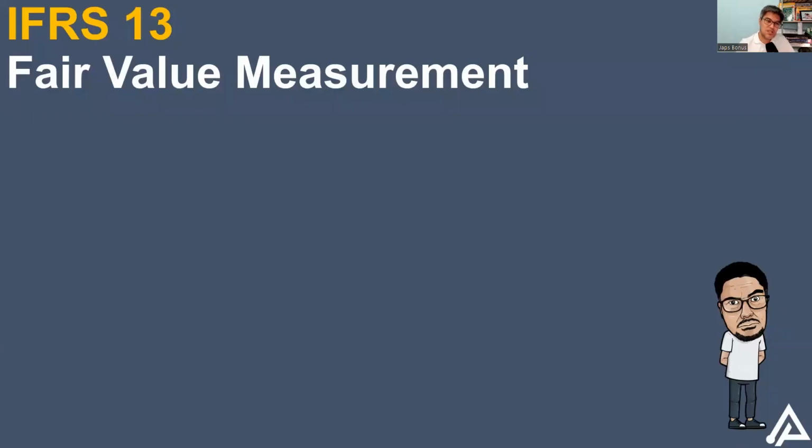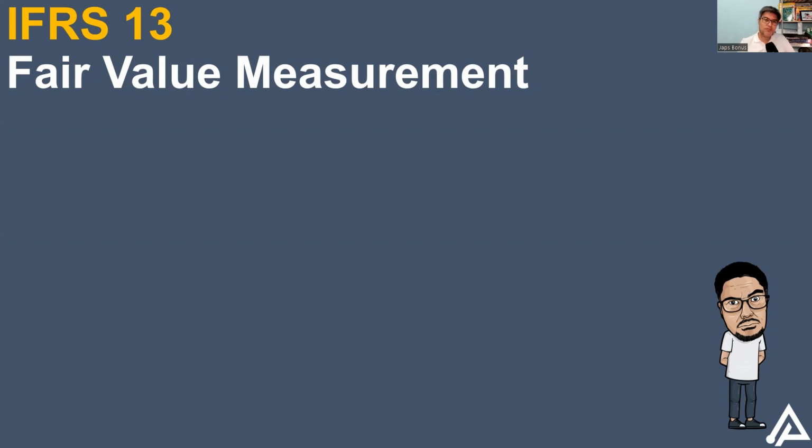IFRS 13, fair value measurement. We've talked about financial instruments classification and measurement, expected credit loss, and just recently, hedge accounting. In all those three items, we talked about risks and we talked about fair value.